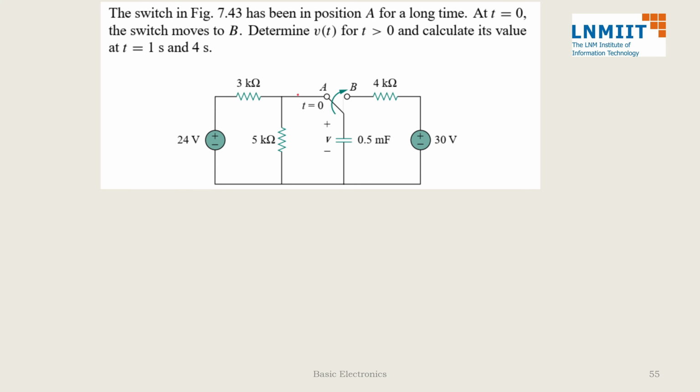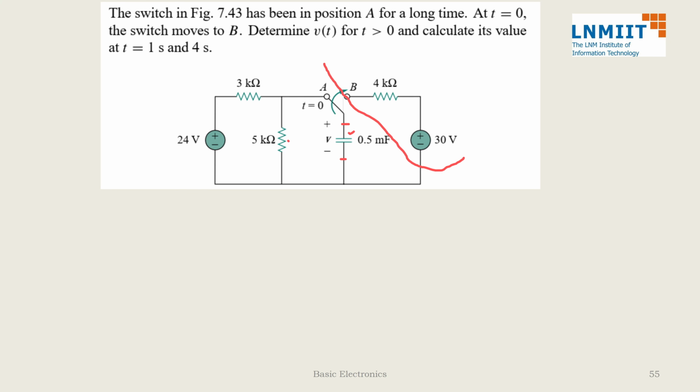We are saying this is the circuit. For t less than 0, my switch is here. For t greater than 0, the switch will go here. Now for t less than 0, these two are not part of my circuit. 4 kilo ohm and 30 volt, we are removing them. Now this circuit is in this state for a very long time. That means capacitor will act like open circuit.